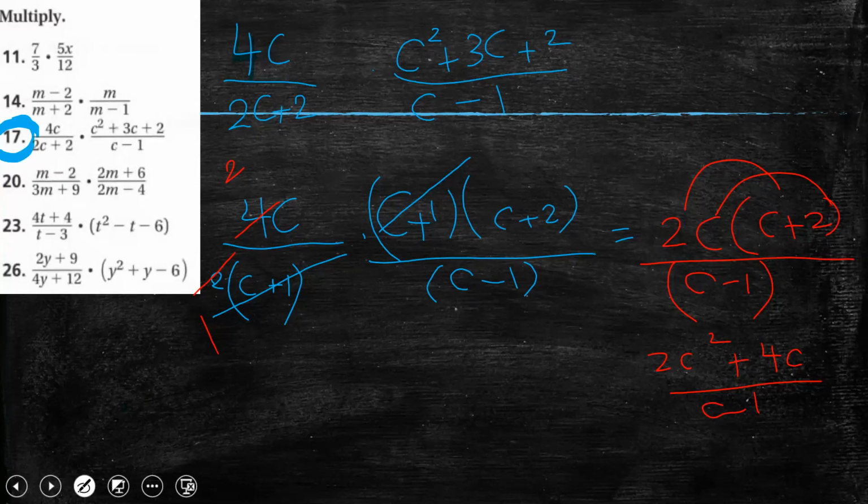When you multiply 2c with c plus 2, why do you take 2c squared and 4c? I told you, here you have to distribute it. 2c times c is 2c squared, and 2c times 2 is 4c.